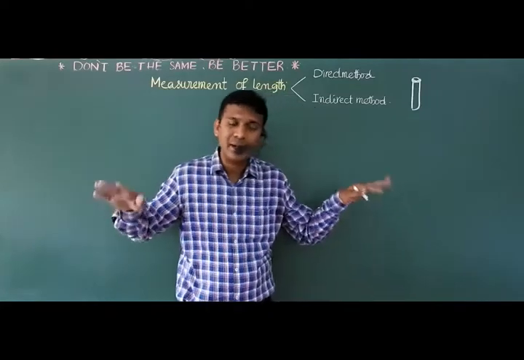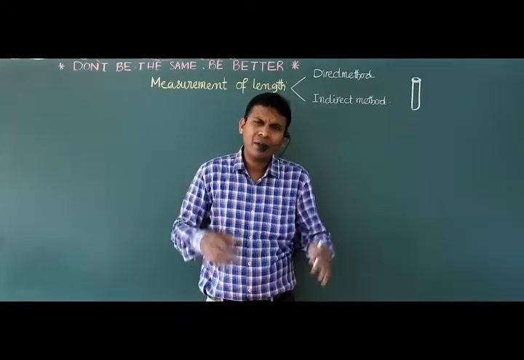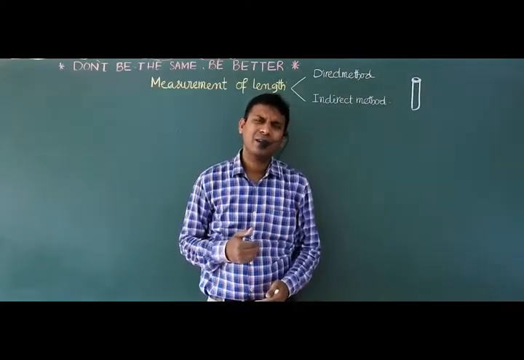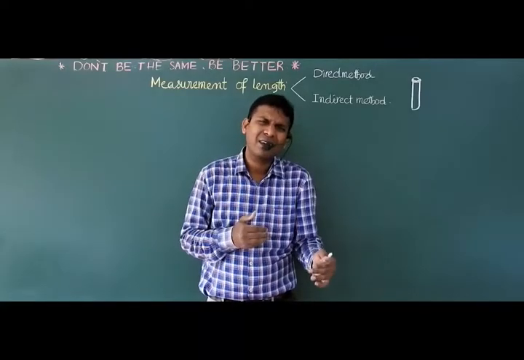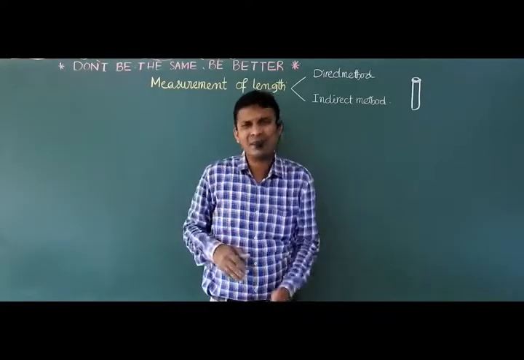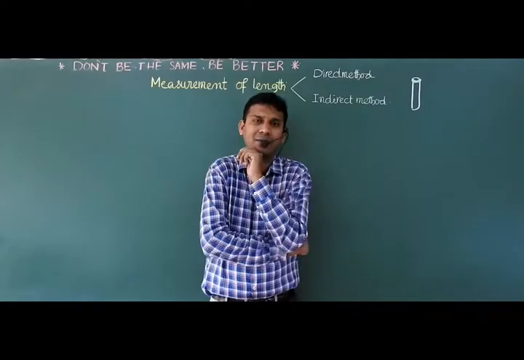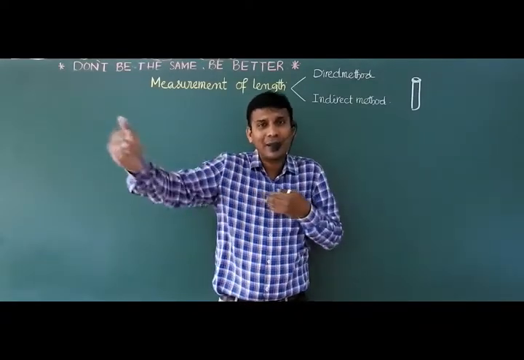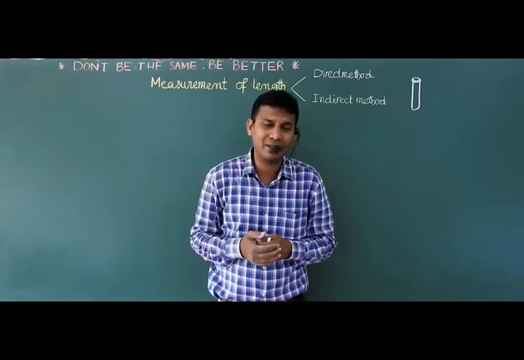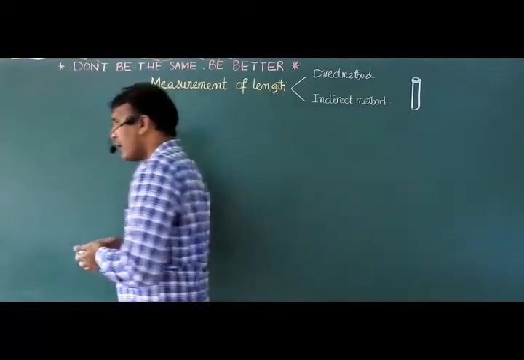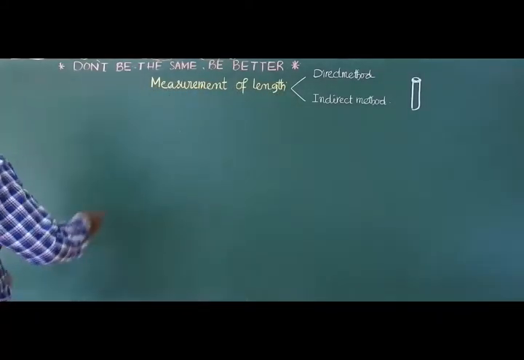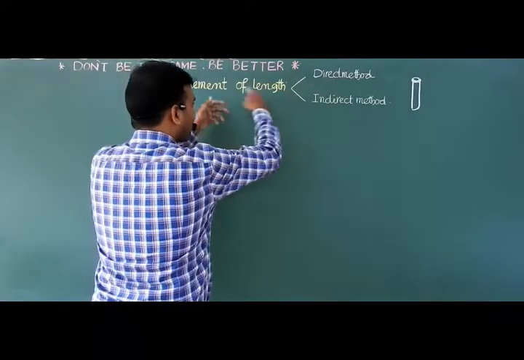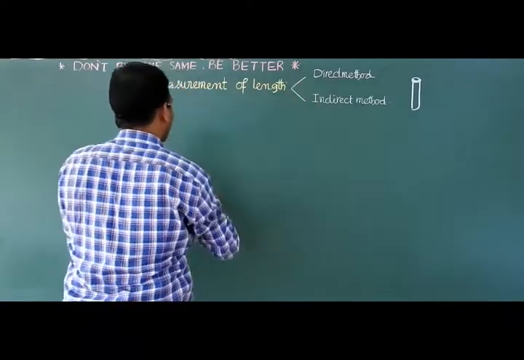Over. Next. Sir, when you are measuring the length, that length sometimes may be large, sometimes may be small. Then how to calculate measurement of larger distances? How to calculate measurement of smaller distances? So here, there are two methods to measure the length, direct method and indirect method.